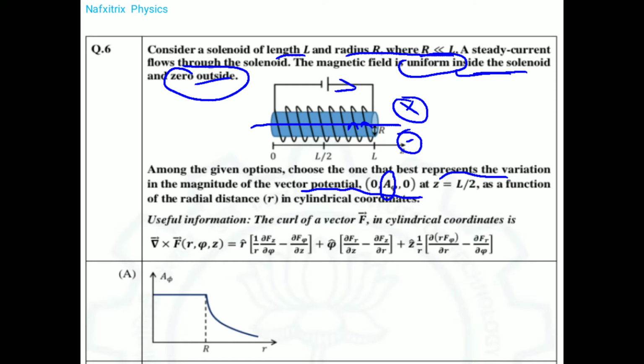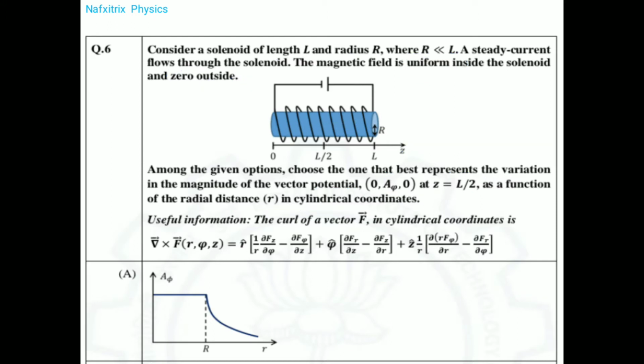We need the variation of the magnitude of vector potential at z equals L by 2 as a function of radial distance in cylindrical coordinates.